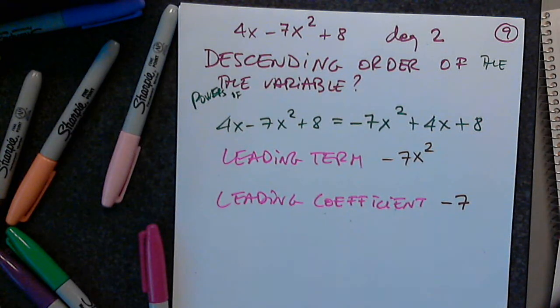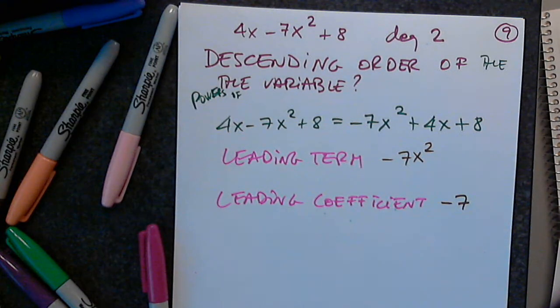Second reason, if we don't have the polynomial arranged in descending order, we will not be able to complete the square later on. If it's not arranged in descending order, I will not be able to use the quadratic formula because I will not identify correctly A, B, and C for the quadratic formula.